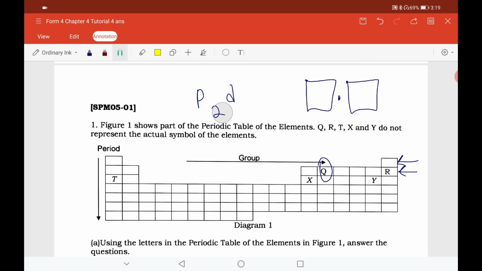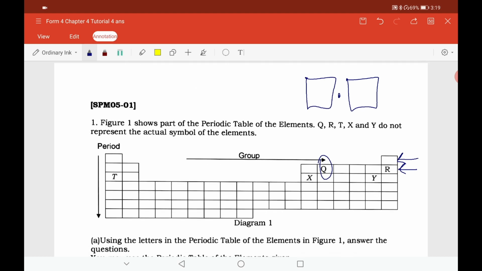After that we need to check the group. If you count the group, you can count backward or you can count forward, no problem. So this is 18, 17, 16, 15 and 14. So this is group 14. So element Q is in group 14.